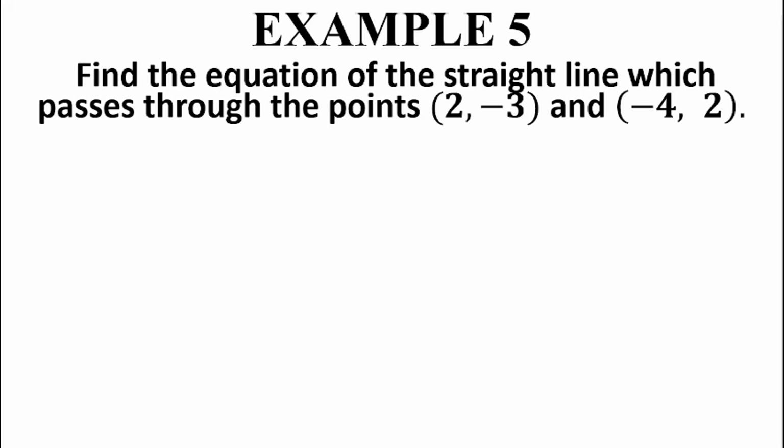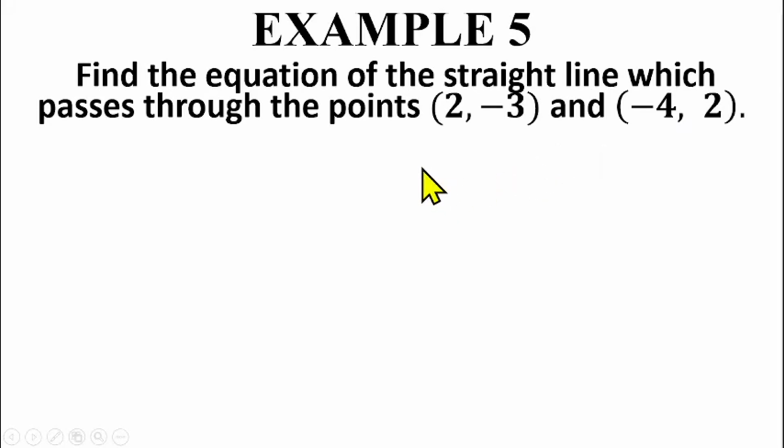Now we are not given the gradient and we are not given the y-intercept, but rather the coordinates of 2 points that the straight line passes through. How can we find the gradient of that straight line? It is still very much possible using the general equation of straight line. Although there's another formula you can use, nevertheless I prefer this method, and that's why I'm showing you this method.